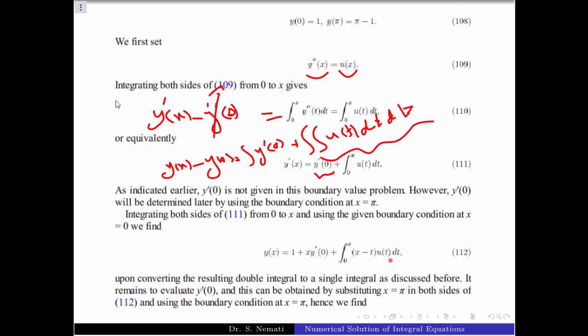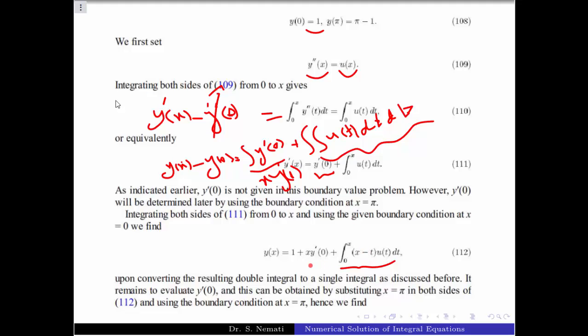This expression, using our general formula, is equivalent to this integral. So we have y of x equals y of 0, which is 1, plus the integral, which is x times y prime of 0. We have y of x equals 1 plus x y prime of 0 plus the integral part.